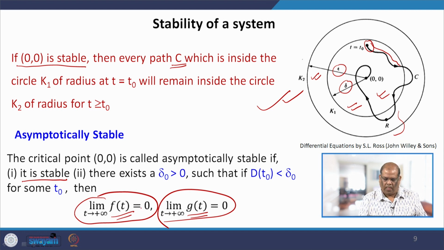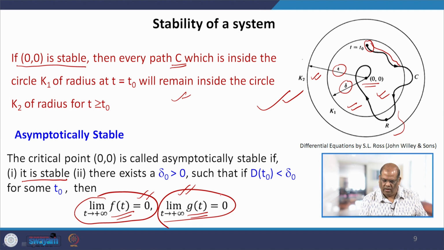So, the tiny difference that we have between stability and asymptotic stability is mathematical: it has to be stable, and along with that you have to satisfy these two conditions, then your system is asymptotically stable. In stability, the path which remains close to (0, 0) will remain close to (0, 0) when t is greater or equal to t0.